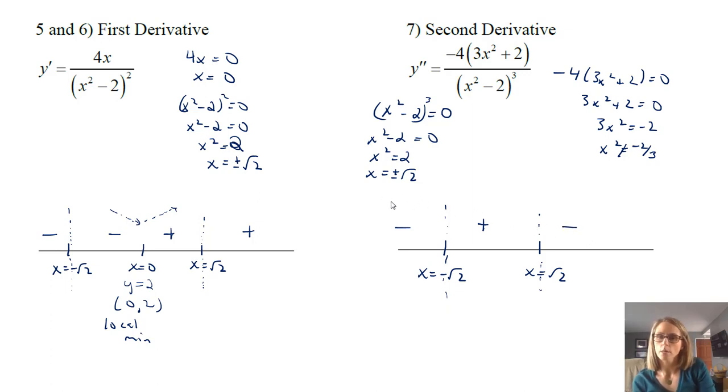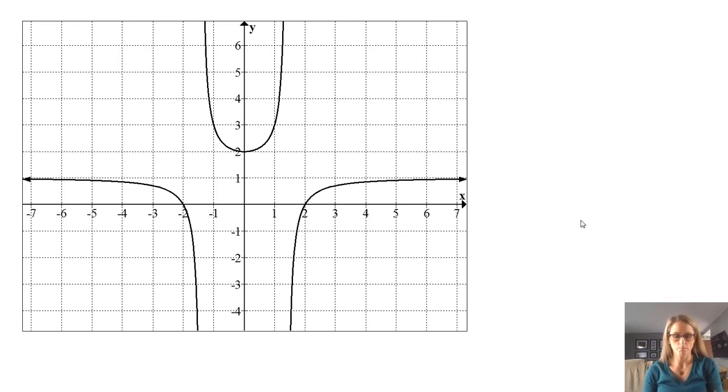So it tells us that we're concave down, and then concave up, and then concave down. So I'd like you to put all those things together onto your graph, see if you can get the graph of this, knowing all of these things, and then go ahead and graph it. And you should end up with this.